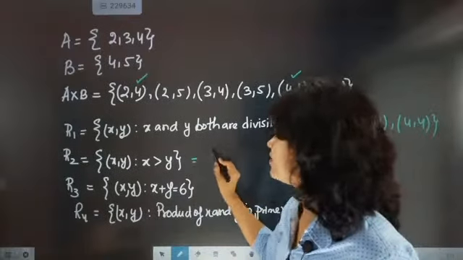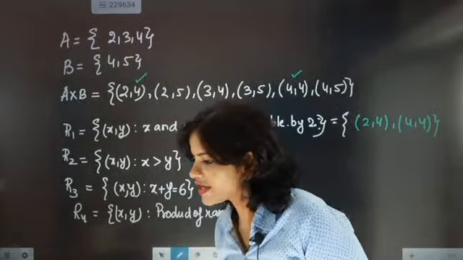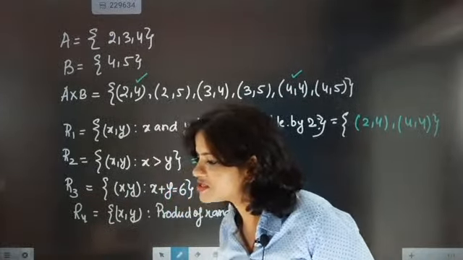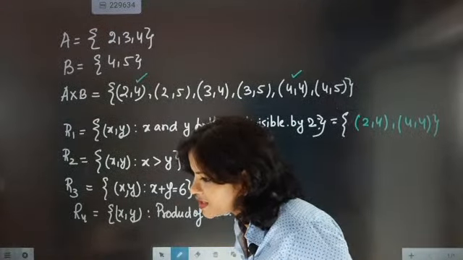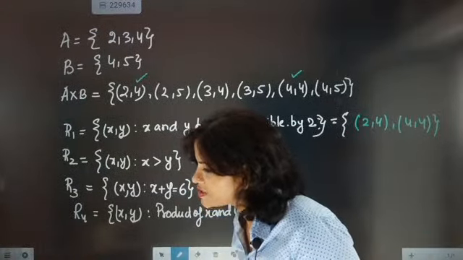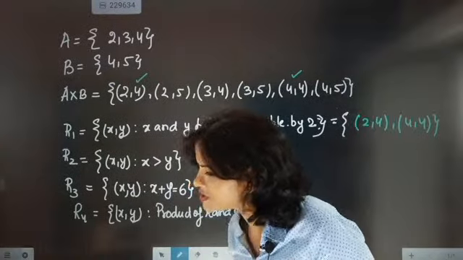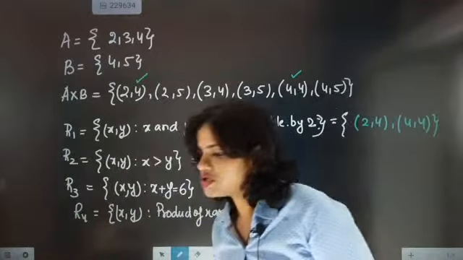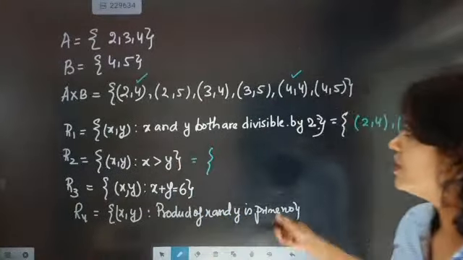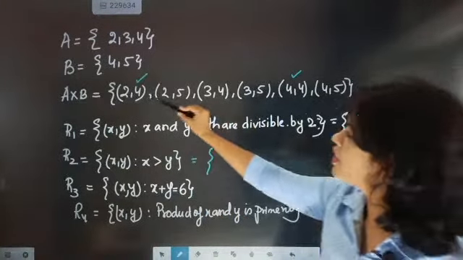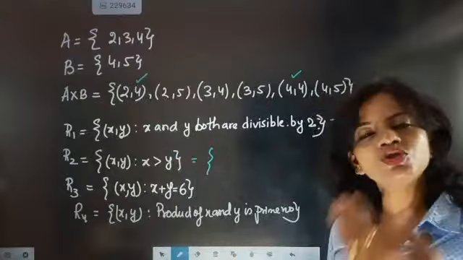Now second relation, tell me. Nitish is telling it is going to come as 5, Gautam is also telling 5, Vikas is telling the answer is going to be 5 only. Okay, very good, all of them have given 5. Let's check this one: x is greater than y. Here every time we are saying that 2 is less than 4 because 2 is the first number.